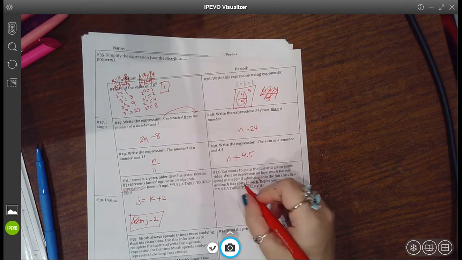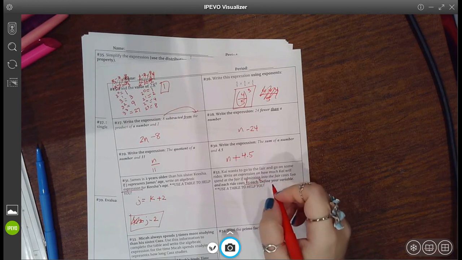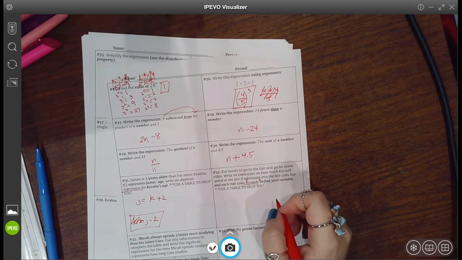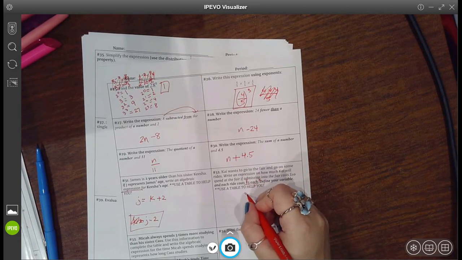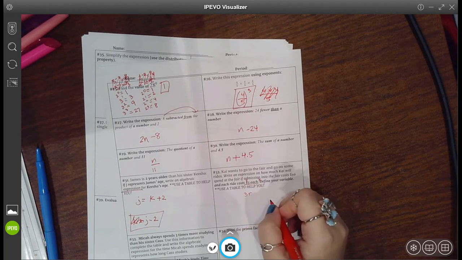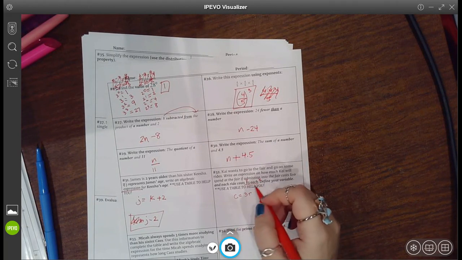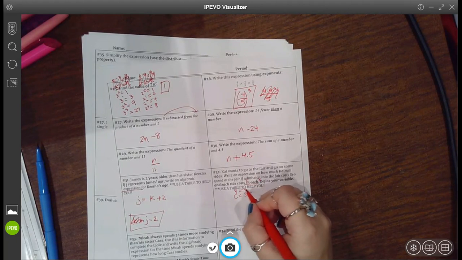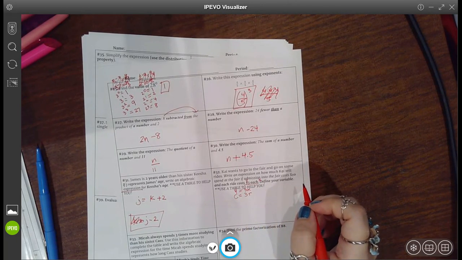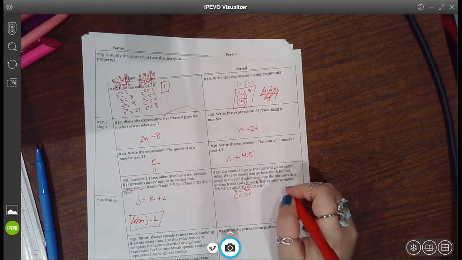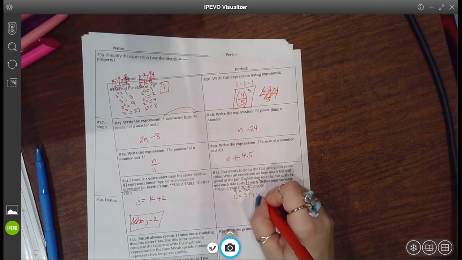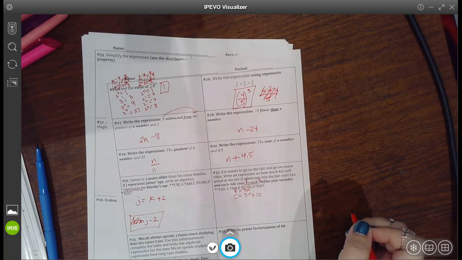So each what? Each ride. I know that I'm going to multiply 3 times the number of rides, and that's going to equal the cost, or y equals 3x. Okay, and that would be fine and dandy, except you also have this constant of $10 to get into the fair.